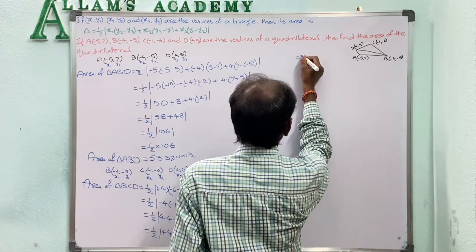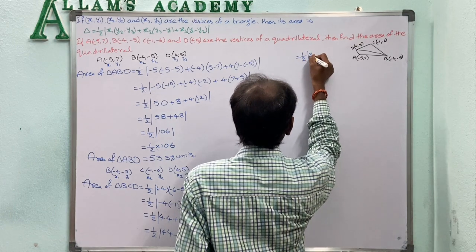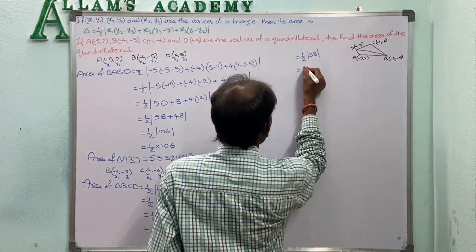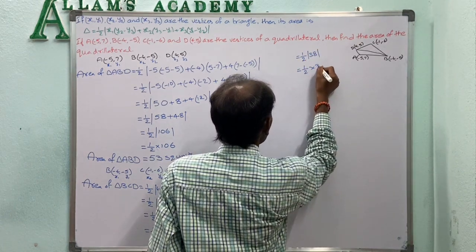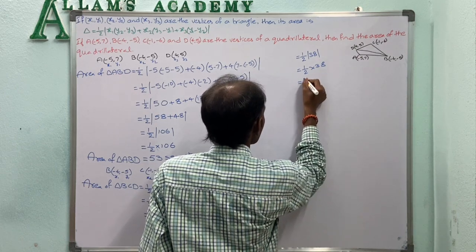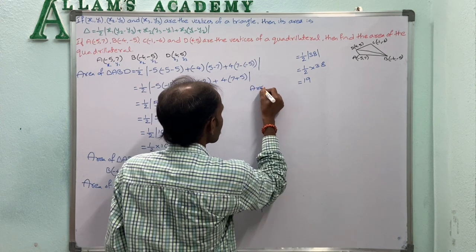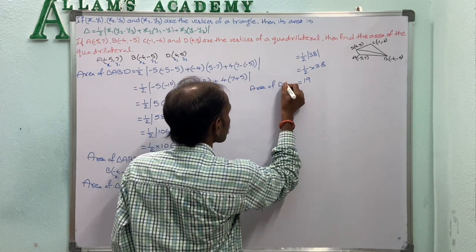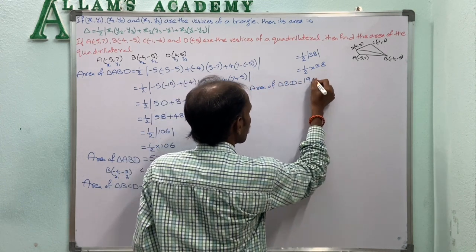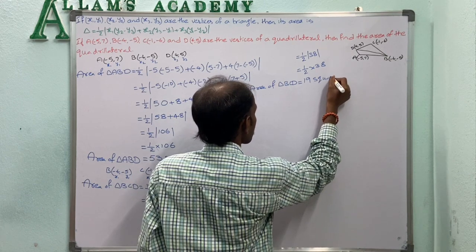So half mod 38, mod 38 is plus 38, and 38 by 2 is equal to 19. So the area of triangle BCD equals 19 square units.